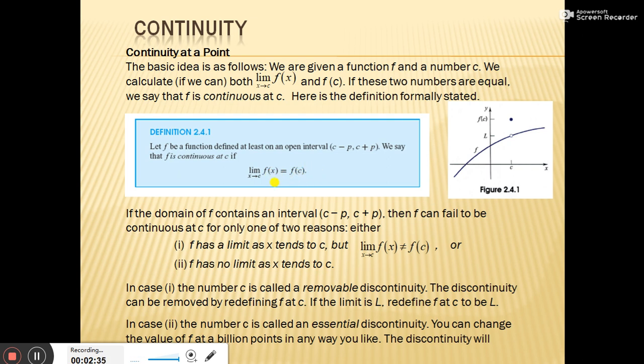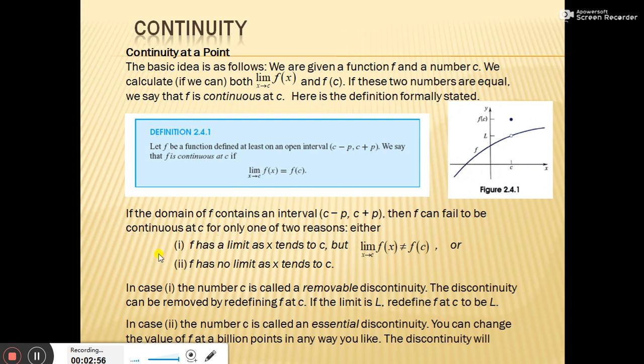And this function is not continuous if the limit of the function is not equal to the value of the function. And second, if the limit does not exist, then this function is not continuous.